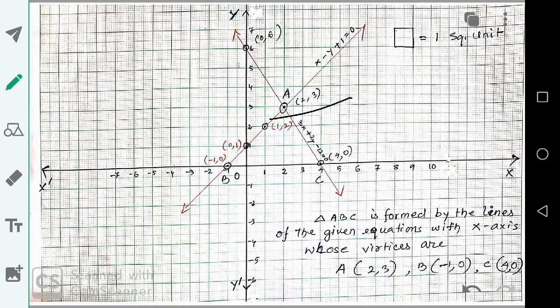A is 2, 3, B is minus 1, 0 and C is 4, 0. So these are the vertices. Then we were asked to shade the region enclosed by this triangle, so we have to shade this triangular region. That's how we have to solve this problem.